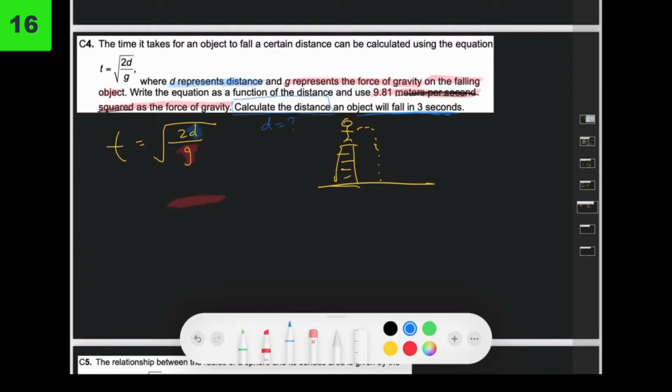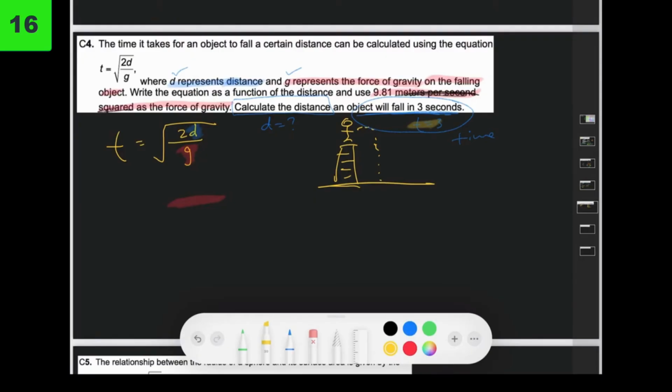No, I'll take that back. I say t is equal to 3. They didn't do a good job there, right? Because we know d is distance, g is gravity, but they didn't tell us what the letter t was in the formula, but this represents time. So that's why I wrote t equals 3.